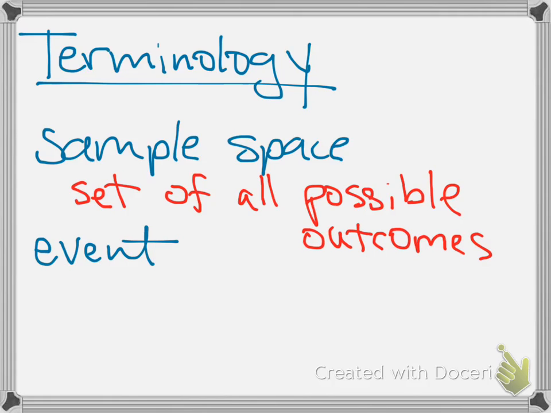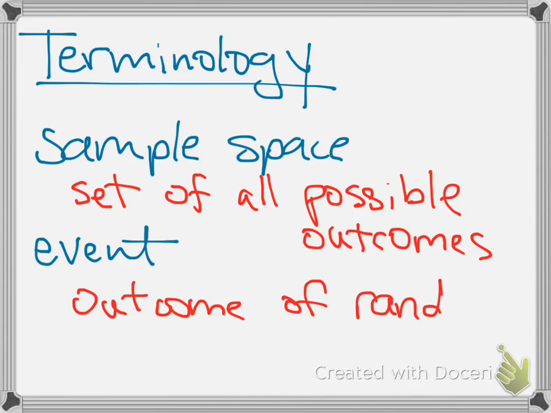Then the event is simply the outcome or some sort of set of outcomes from some sort of random phenomenon. The word phenomenon makes it sound a little bit more fabulous and outstanding than it really is.